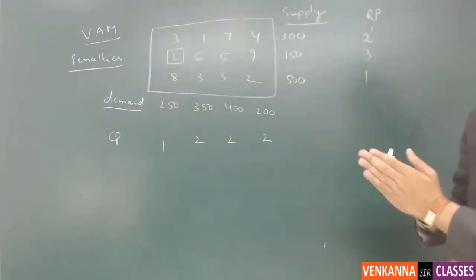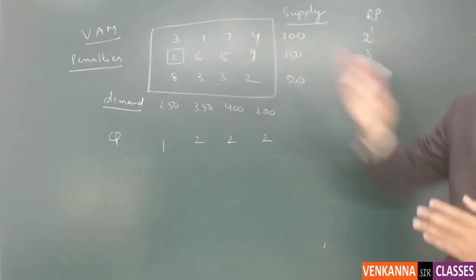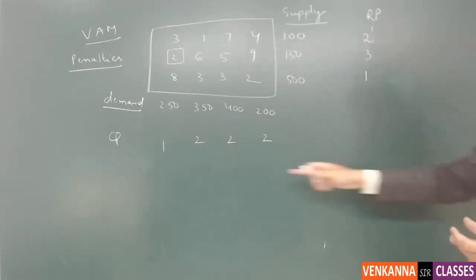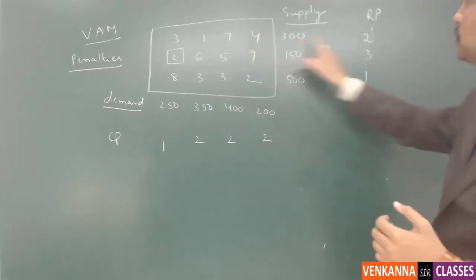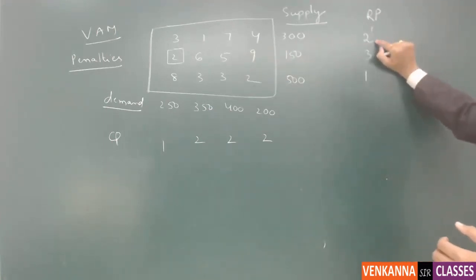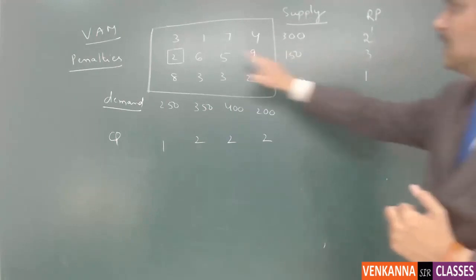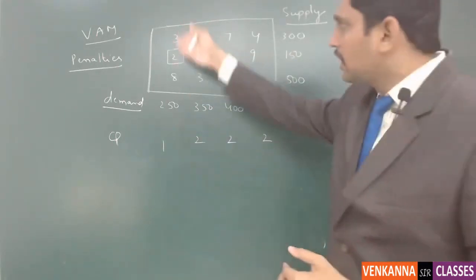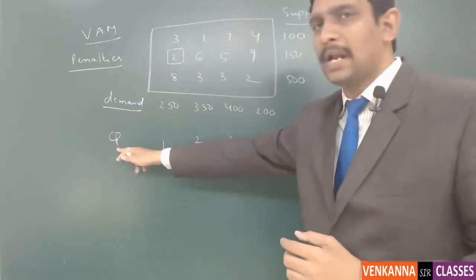So we are taking the least cost method approach. To select the least cost, we are calculating the penalties. For each row, we calculate the penalty, the difference between the smallest and second smallest. Similarly, for each column, we calculate the penalties.